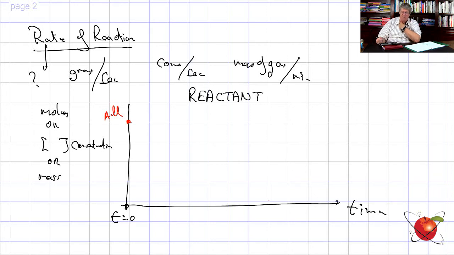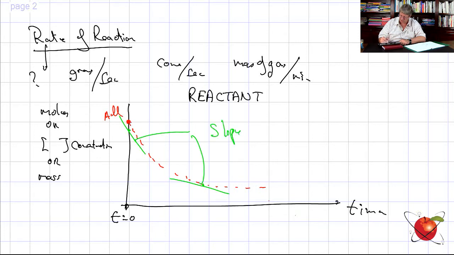And what happens over time? Over time, this starts to drop. Never mind that little bit there, we'll get to that further on. But just conceptually, you can see that this is starting off. Now, look here and look over here, for example. This is the tangent to the slope. So the green is actually the slope of the line, which is the change over dt.